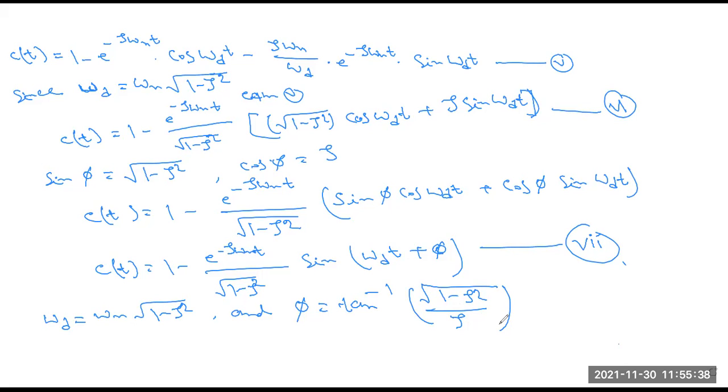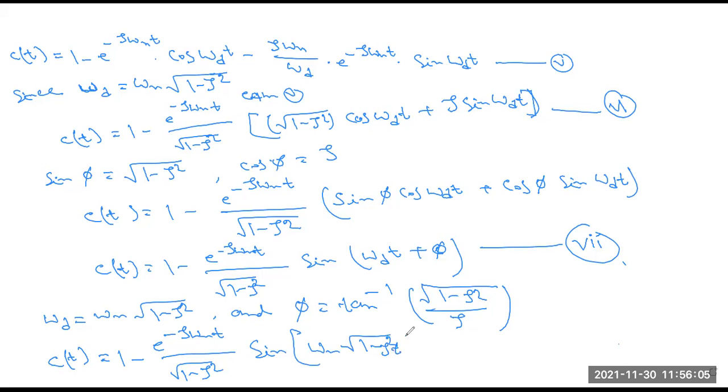So when you write this equation, it becomes c(t) equals 1 minus e to the power minus zeta omega n t divided by root over of 1 minus zeta square, sine of omega n root over of 1 minus zeta square t plus phi.